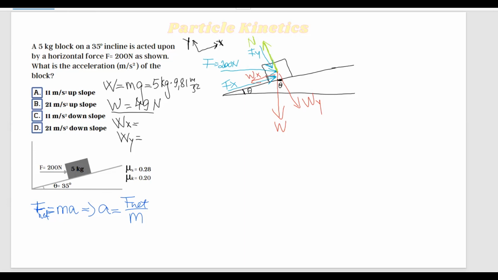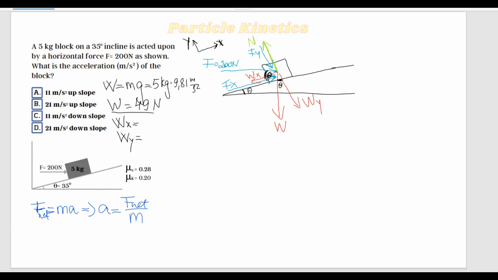Now let's see where else we have angle theta. This force is parallel to this line, and then this force is parallel to this line. So we also have angle theta in between these two forces. Okay, I'm going to show it here, theta.